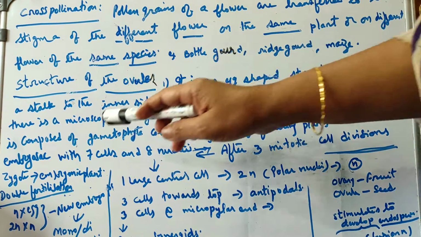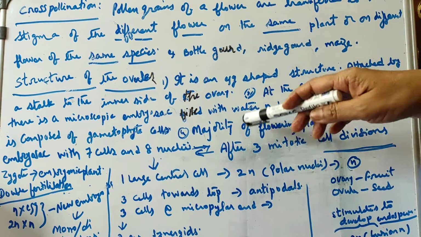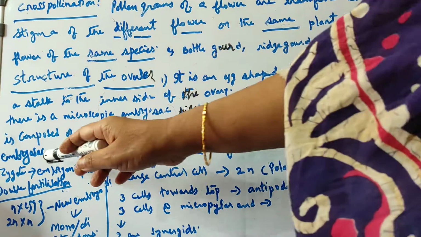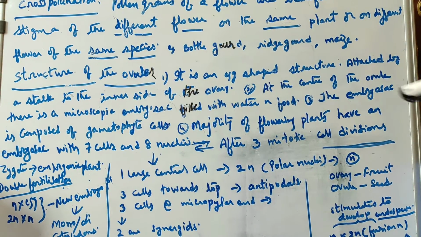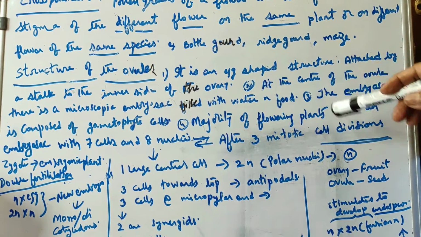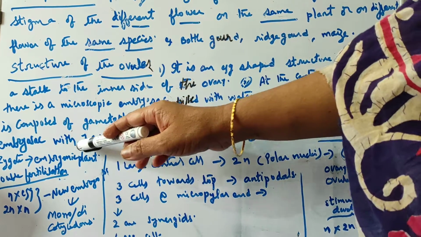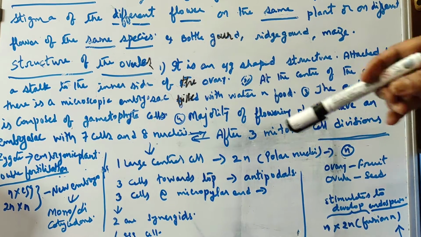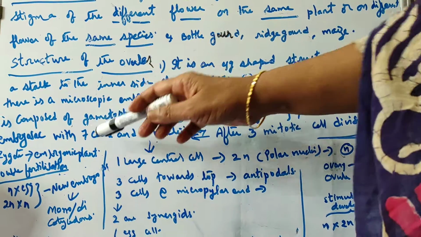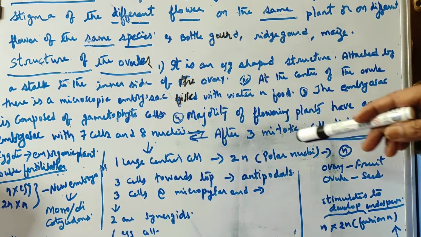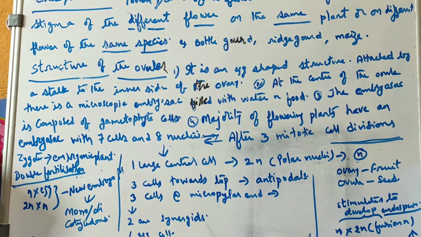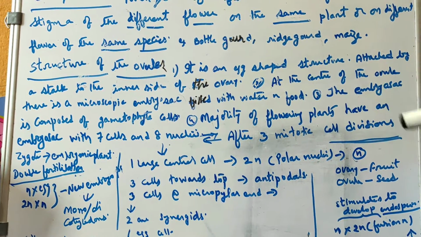Then the embryo sac is composed of gametophyte cells, and the majority of flowering plants have an embryo sac with 7 cells. You can see this here. The embryo sac has 7 cells, and these 7 cells have 8 nuclei. These 8 nuclei are formed by 3 successive mitotic divisions.